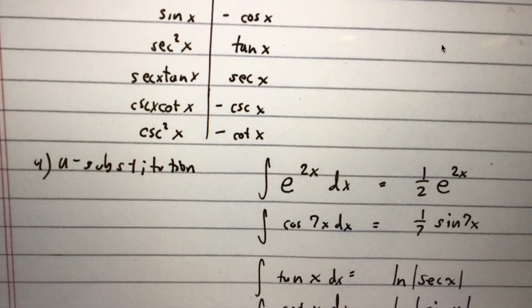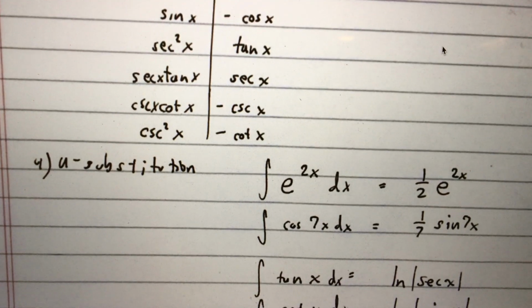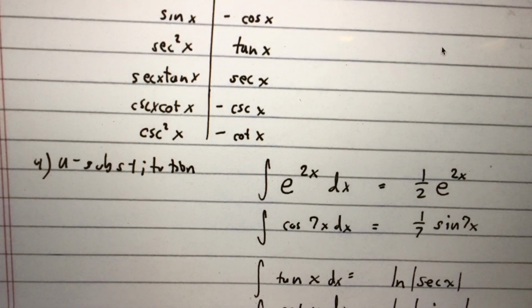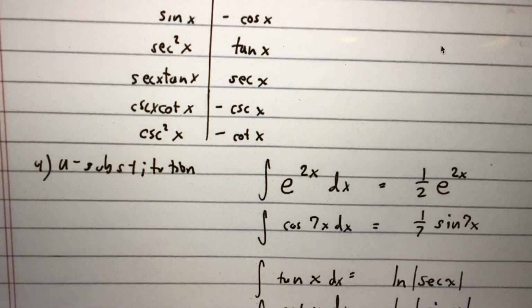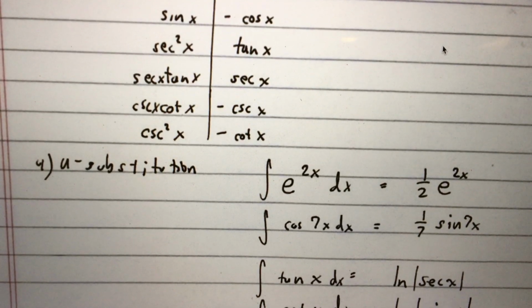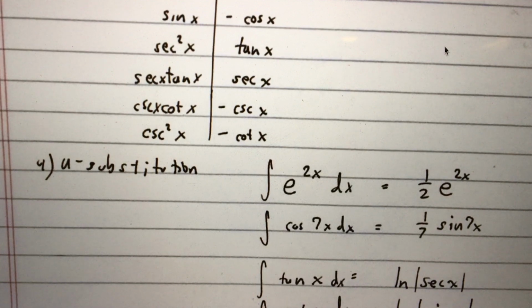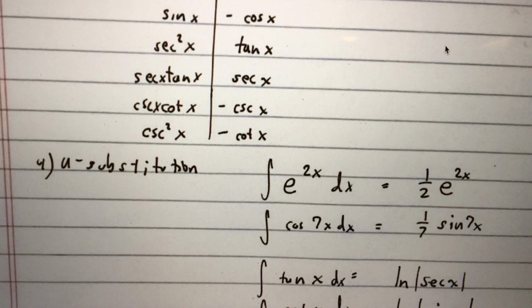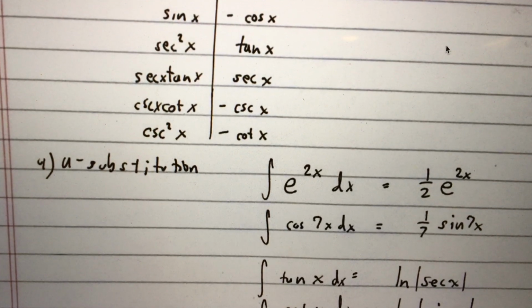So these are u substitutions, but once you've done enough of them, you could just memorize that when you have one of those, you just have to divide by that multiplier. Same for cosine of 7x, you divide by the 7, or multiply by 1/7.